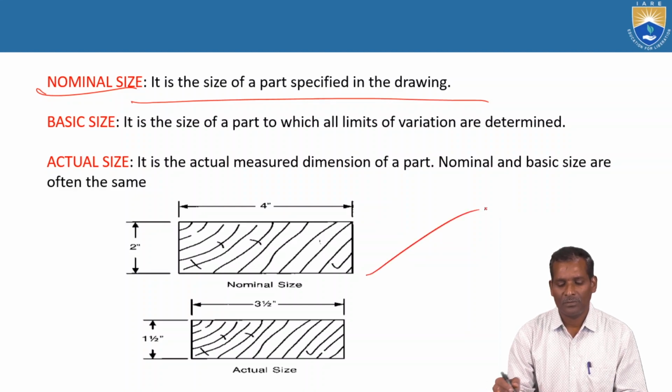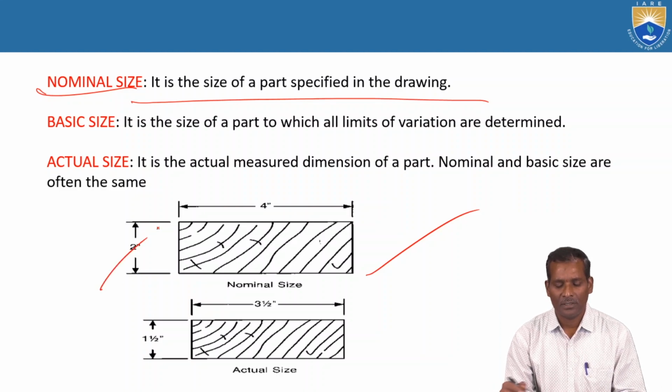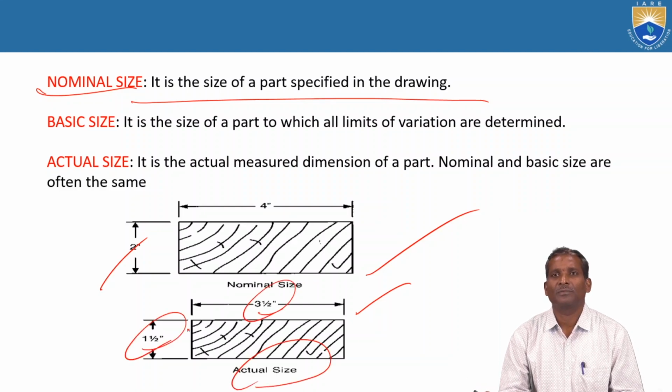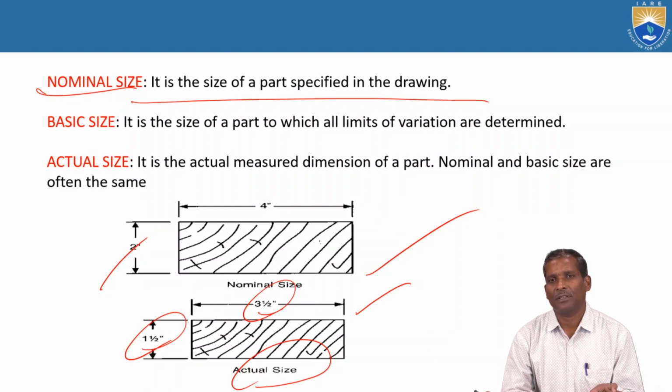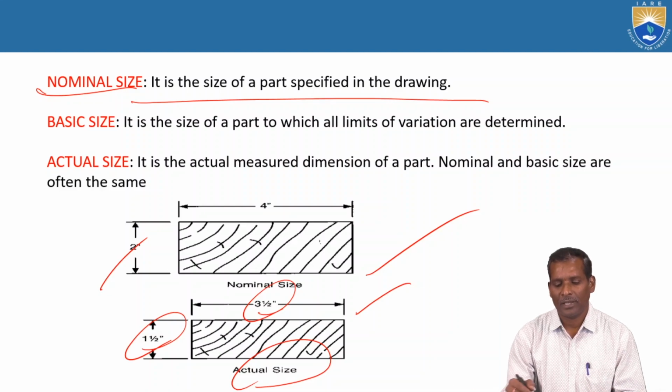See in this diagram, the nominal size is 4 inches, and here the thickness is 2, and here 3. Actual is 3.5 and 1.5. So the dimensions vary. The size of the part specified in the drawing is the nominal size; in your drawing it is specified like this.